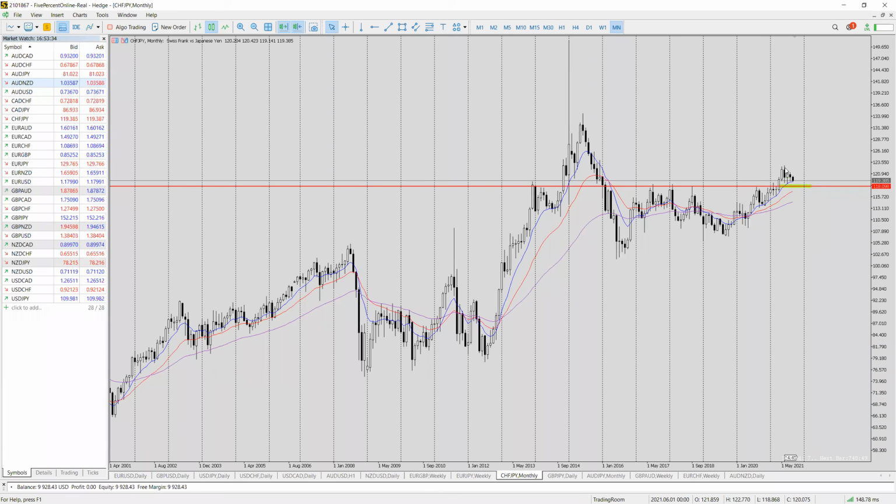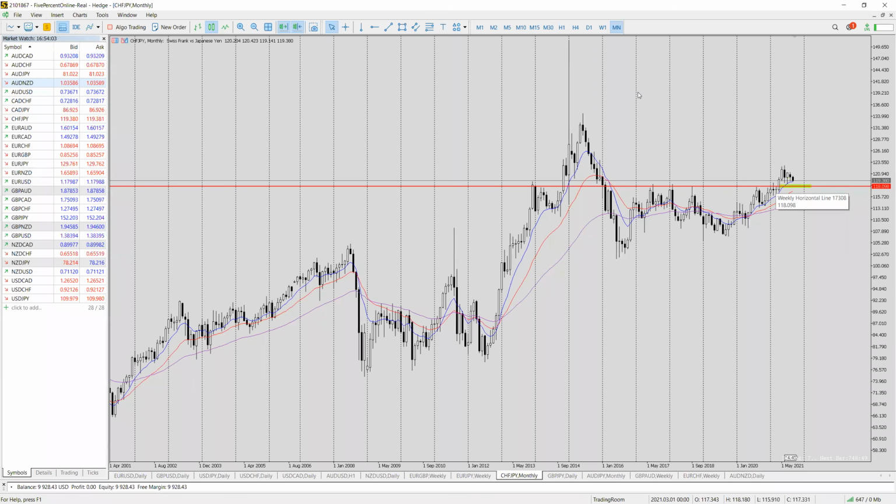Looks like sort of a flag in a way. Not a perfect flag, but there is a move up and then a sort of sideways move towards the demand zone, towards the moving average.